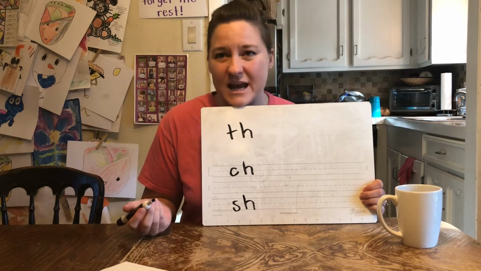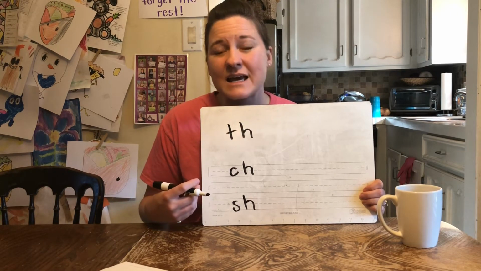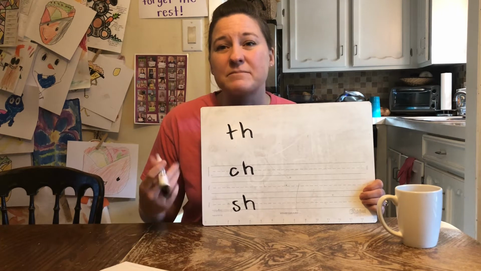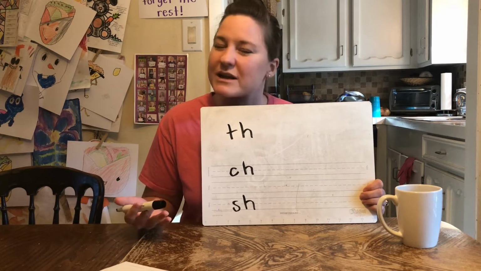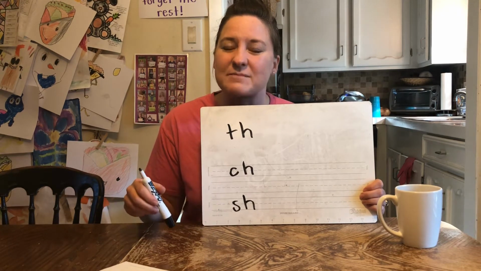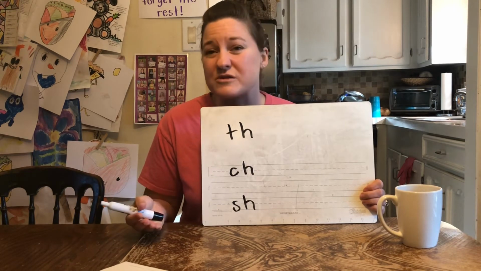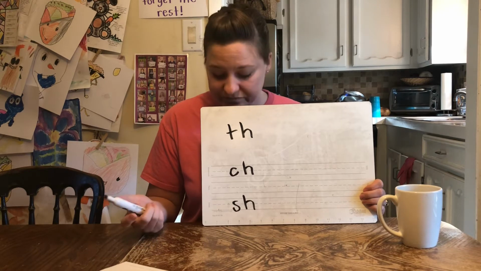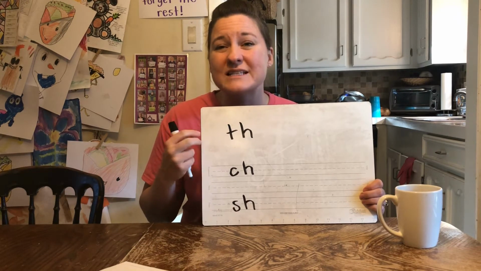So what I would do today is I would have my child look through different books in our home and choose one of these digraphs to hunt for. This is something that we do in class pretty often when we introduce a new thing. We try to find it in as many places as we can in actual books or magazines or newspapers, something like that. Now, don't forget that TH makes 2 different sounds.